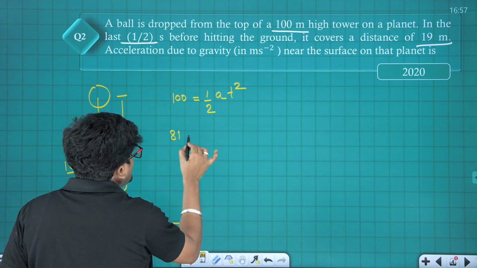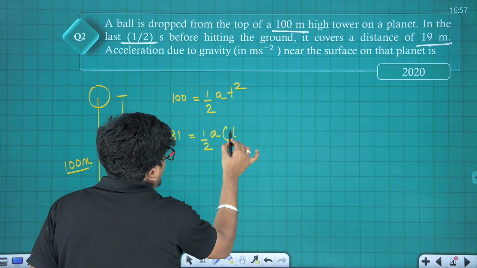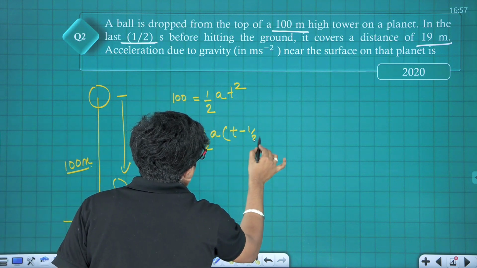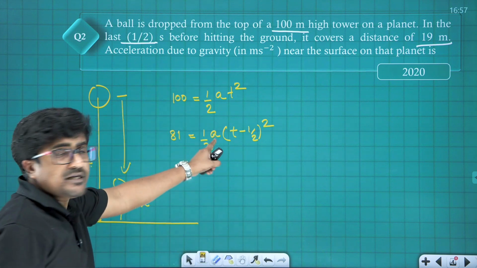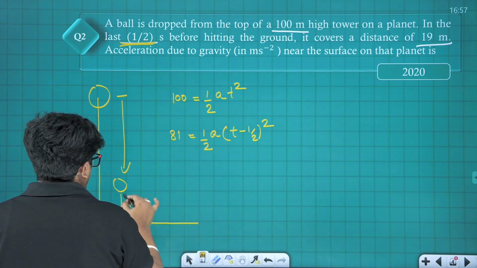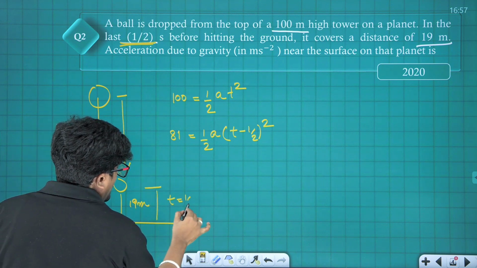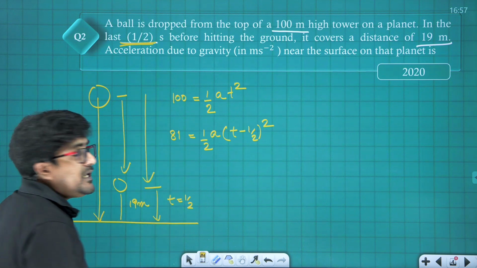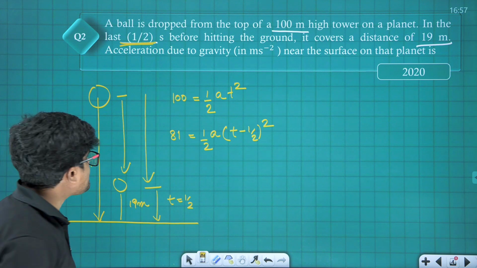So I can say 81 is equal to half of a into (t minus 1/2) square, because it is in the last 1/2 second. Last 1/2 second means from here to here the time duration is 1/2 second. So this particular time needs to be total time minus 1/2 second. So I marked it like this.